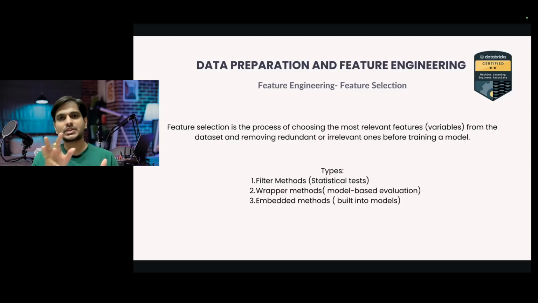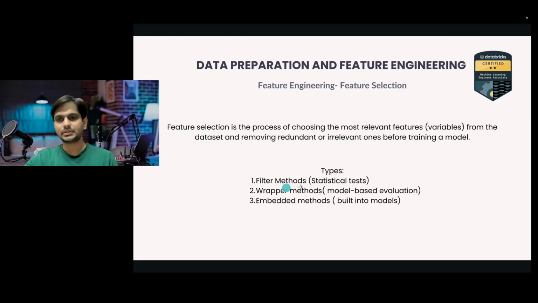But after that extraction, you need to select, and that is called feature selection. So you're choosing the most relevant features or variables from the data set. Which variable can contribute to your model? You remove the redundant or irrelevant ones from the training model. This improves the accuracy, reduces overfitting, and makes the model faster and easier to interpret.